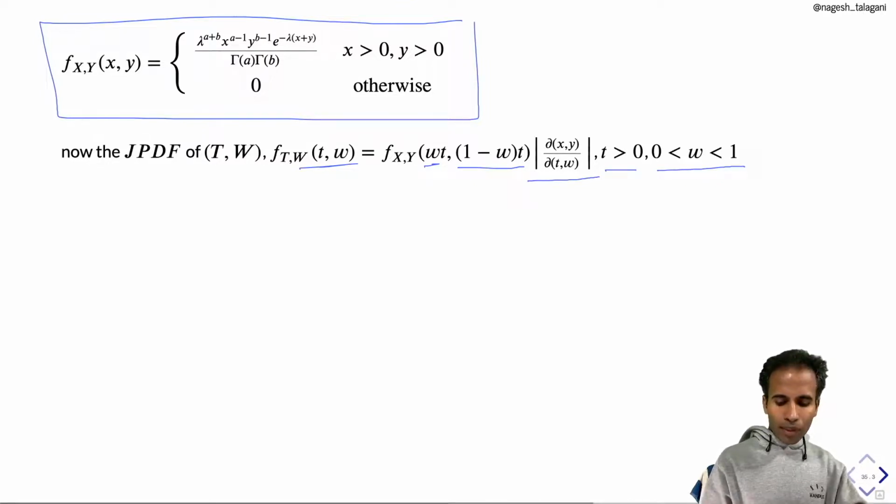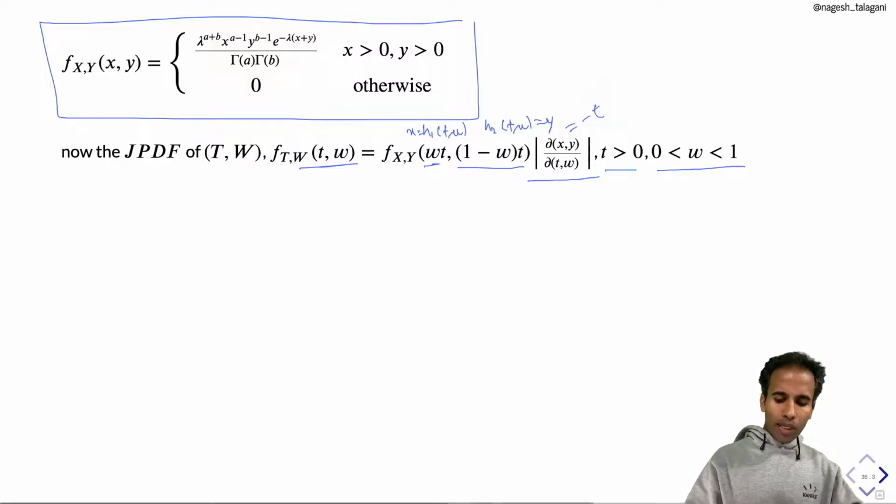Here this wt is like h1(t, w), that is x. This (1 minus w) times t is like h2(t, w), that is y. Now the Jacobian we already computed, that is minus t.